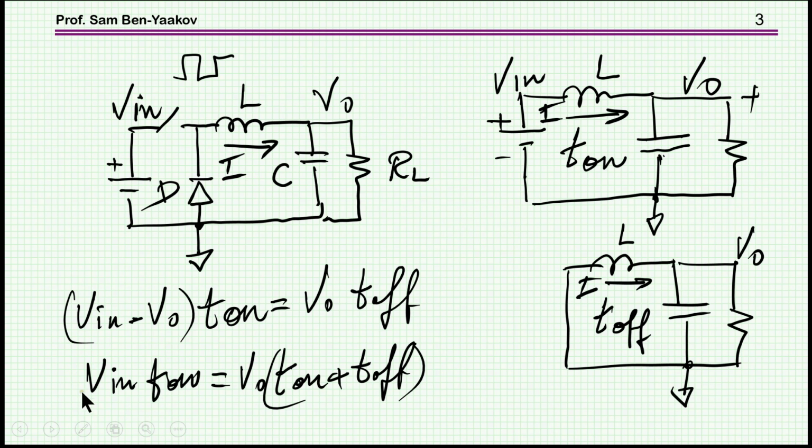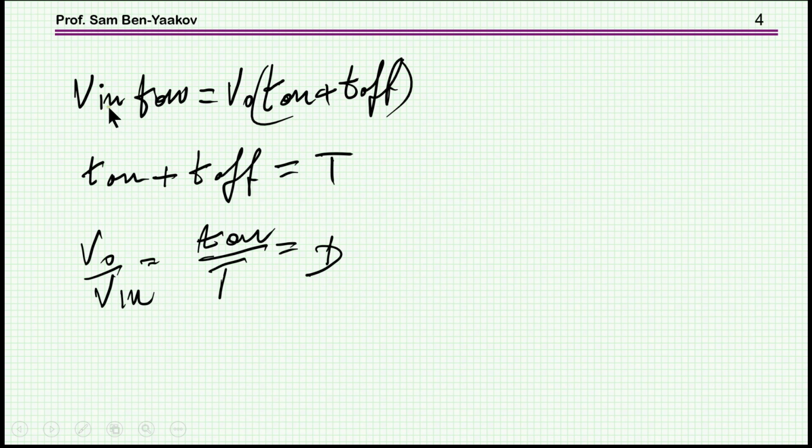So this can be rearranged in this way, and from this, since T on plus T off is the switching period, we get V out over V in is T on over T, which is equal to duty cycle. Okay, so this is how we get this relationship between the gain or transfer ratio and the duty cycle.